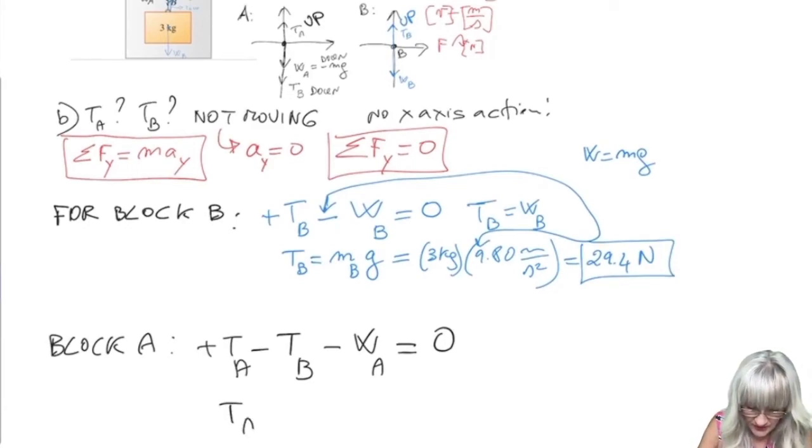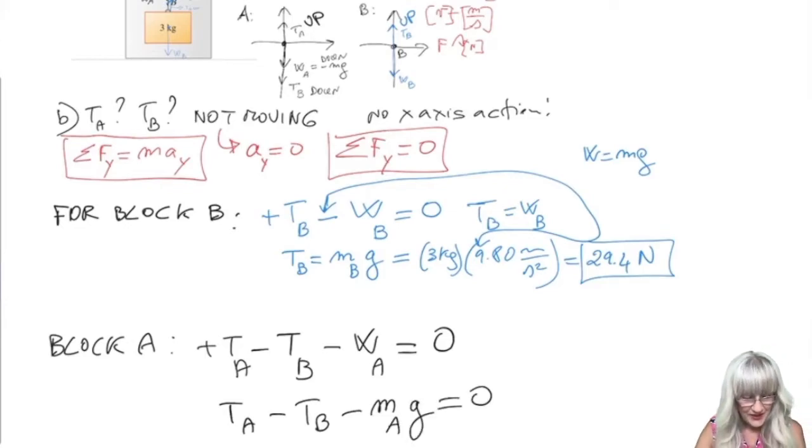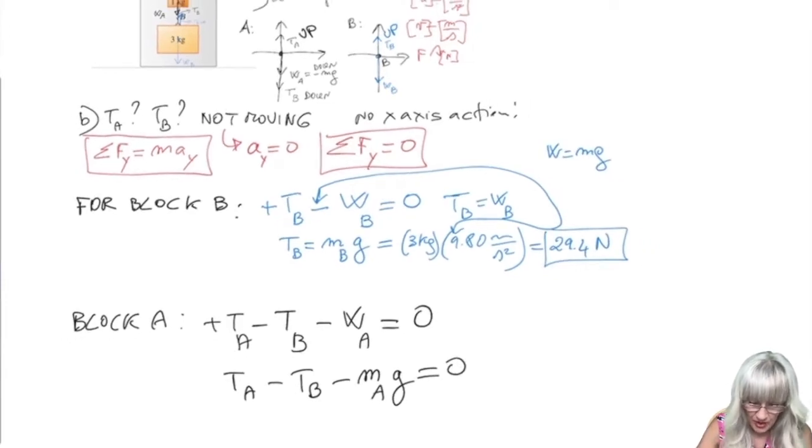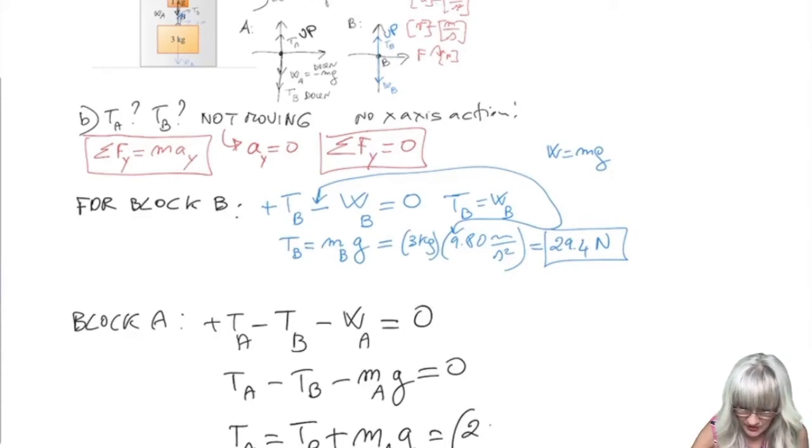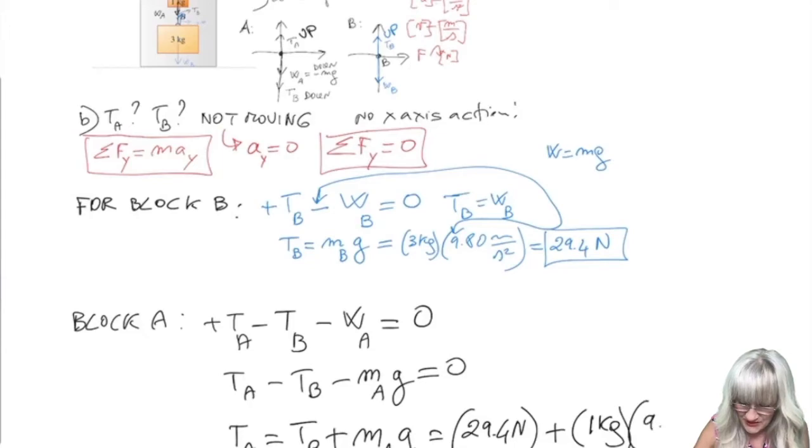So I have T of A minus the T of B, and the weight here is the mass of A multiplied by g, equals 0. As you can see, you can plug in all the numbers. These become positive. So I'm going to plug in. This one, I know it was 29.4 Newton. The mass of A was 1 kilo. And g is 9.80.